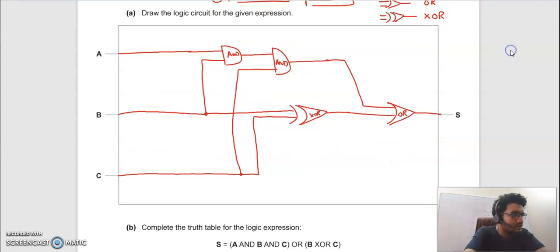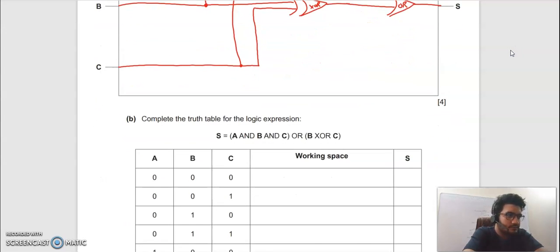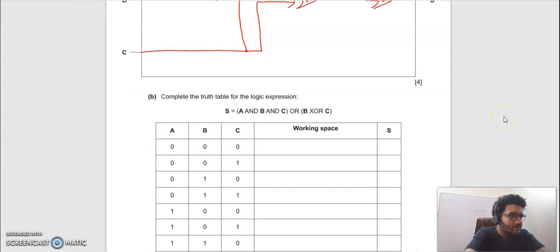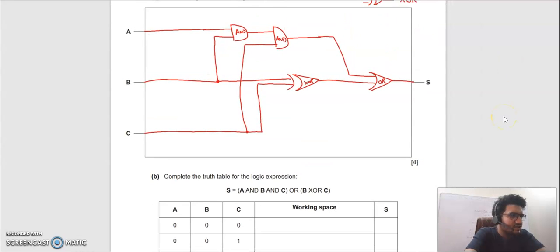Now I'm pretty sure the next question is going to be about the truth table. Well, yeah, it is actually about the truth table. Now see, guys, solving a truth table in such a condition is actually pretty straightforward, to be honest.